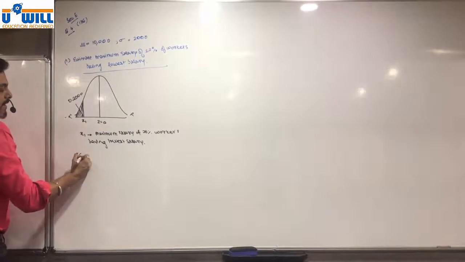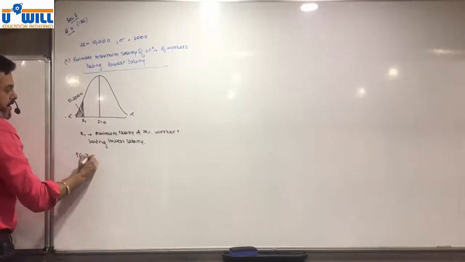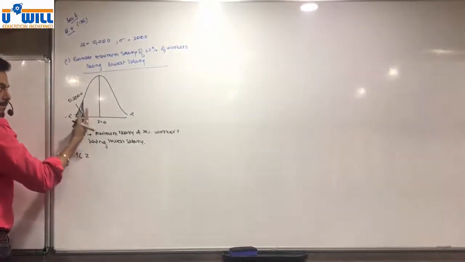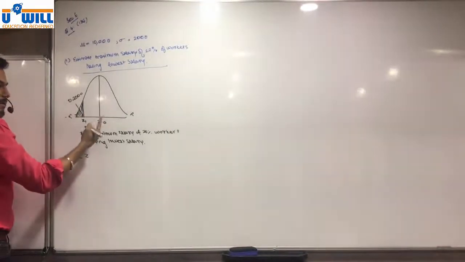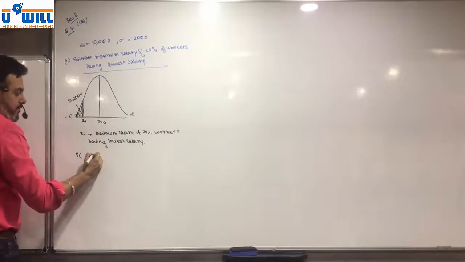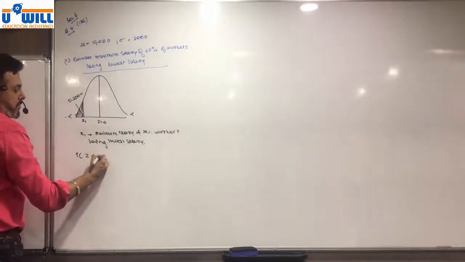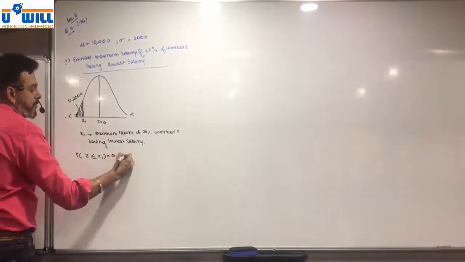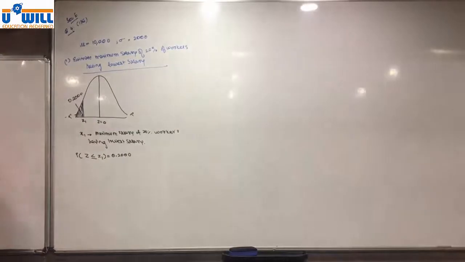Now, probability of Z, which side shading? Left or right? Left hand side. So, probability of Z less than equal to Z1 is equal to 20%, which is 0.2000.